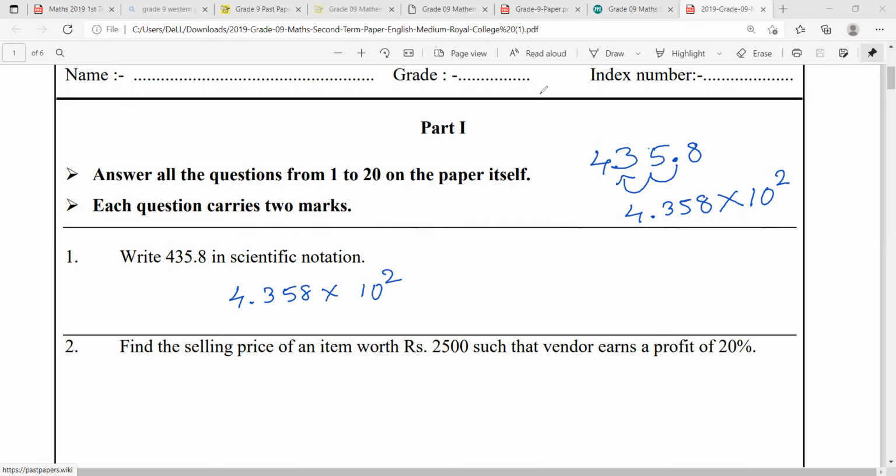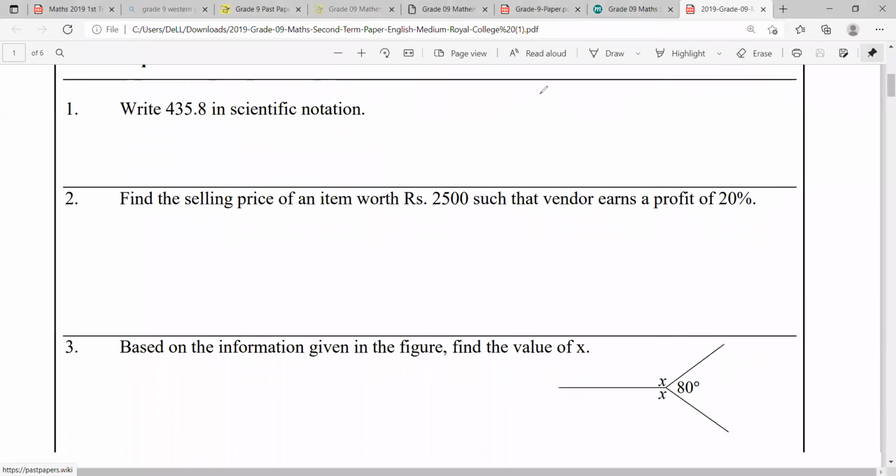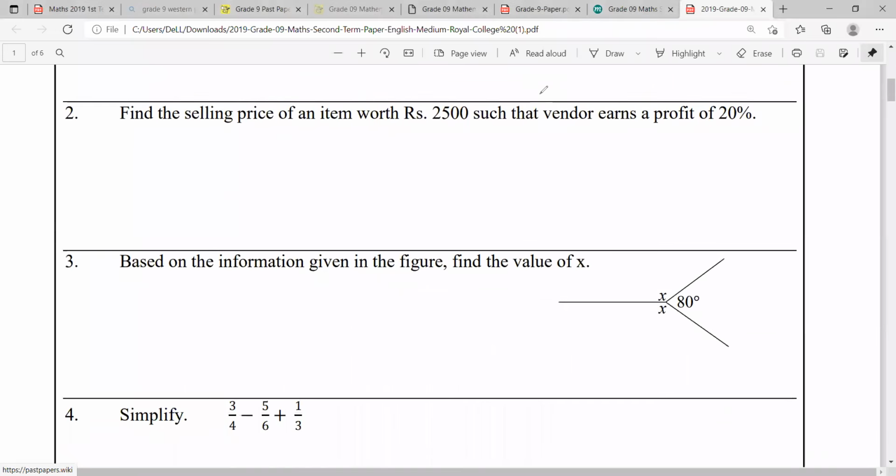Now the second question. Find the selling price of an item worth 2,500 such that the vendor earns a profit of 20%. So this is 2,500, and the profit should be 20%.